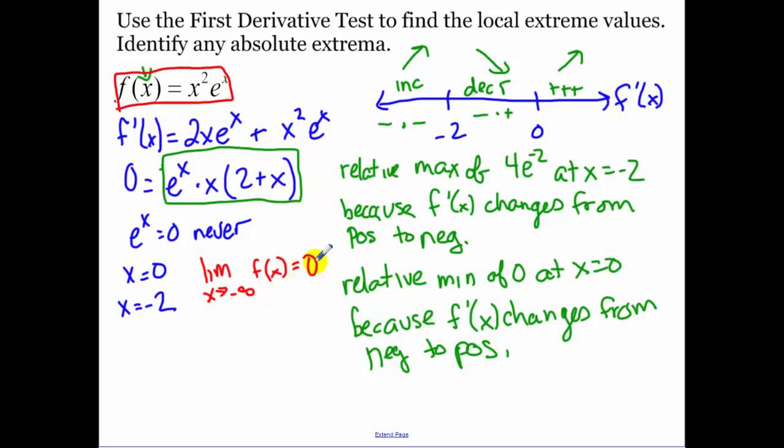So this limit is getting infinitely close to 0, but never equaling 0. So that means that we are going to have an absolute min of 0 at x equals 0.